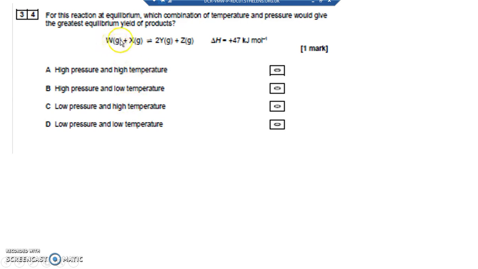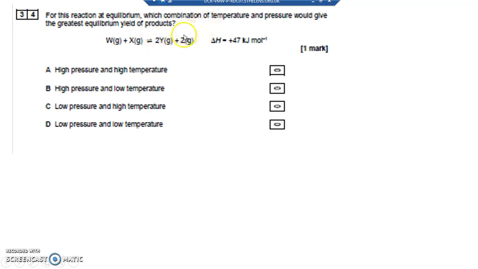Next, I have got 2 moles of reactants, 1 mole of W and 1 mole of X. 1 and 1 make 2. On the right hand side I've got 2 moles of Y and 1 of Z. 2 and 1 make 3 moles. So I've got 2 moles of reactants and 3 moles of product. Increasing the pressure will try and lower the volume.